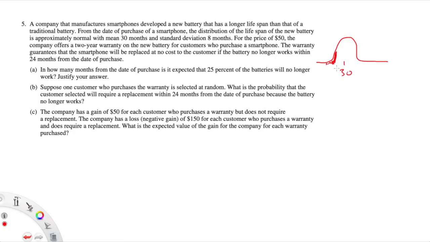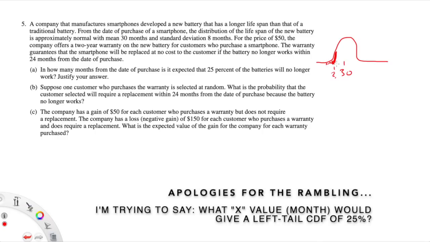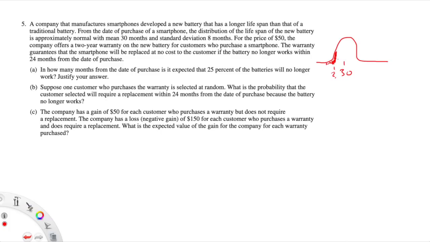What value here do I have to put to get all the phones in this distribution whose battery would die, the lower 25% bound? What value needs to have 25% of all the possibilities to the left of it? As you can tell, it's an inverse CDF type of problem.